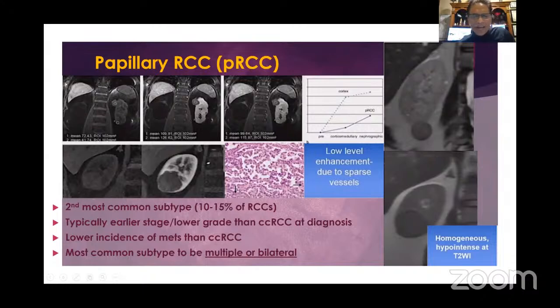So with the help of MRI, we can easily diagnose papillary renal cell carcinoma, which may be indeterminate on CT scan. And you don't have to have aggressive treatment in these patients, depending on renal function, age, and everything. You can do some other type of treatment.